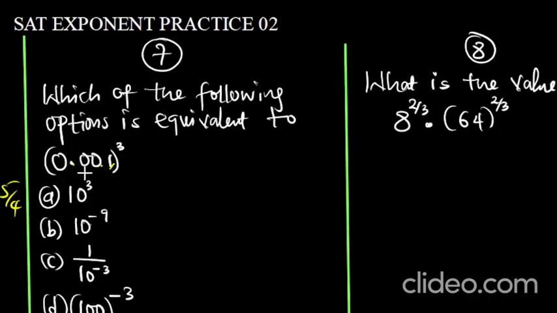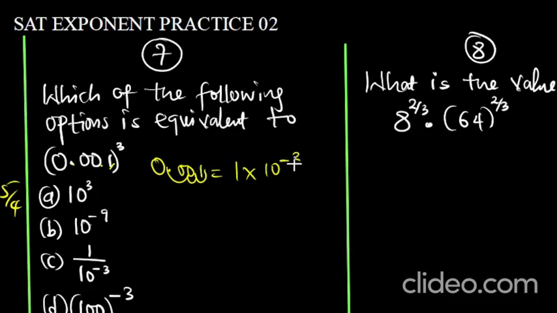So for this one, which of the following options is equivalent to this? Now this can be written in scientific notation form, and 0.001 is 1 times 10 raised to the power of negative 3, counting 1, 2, 3.